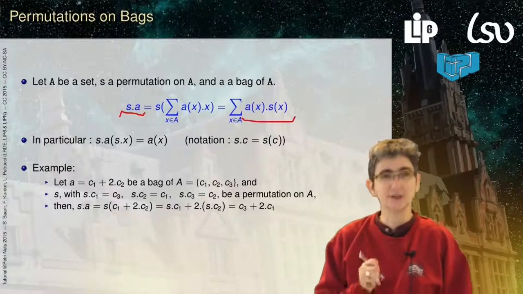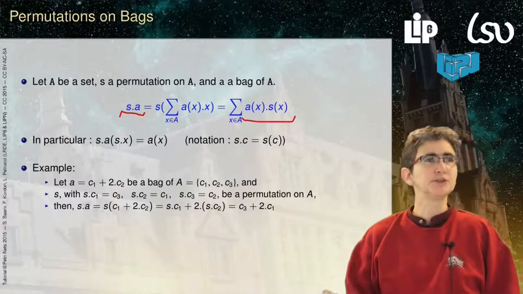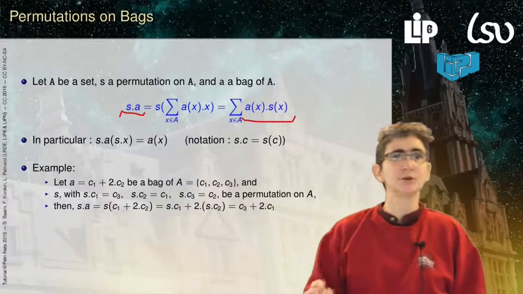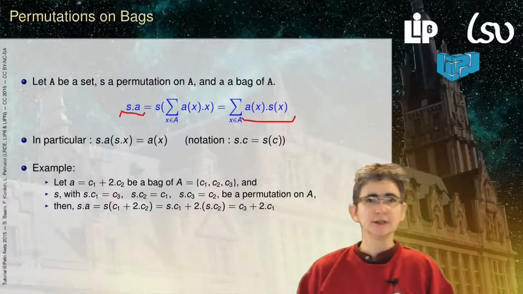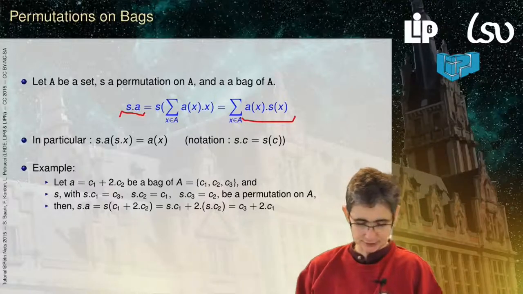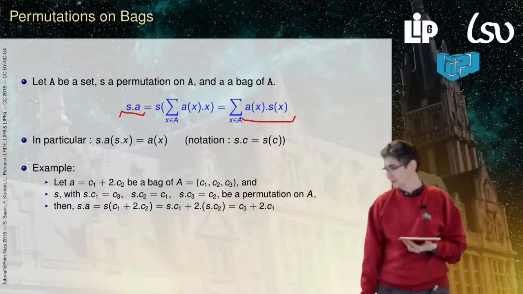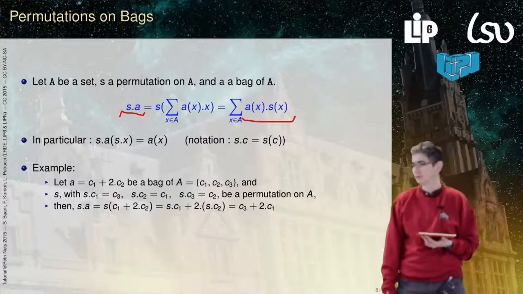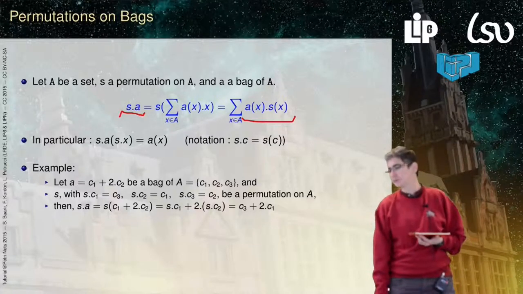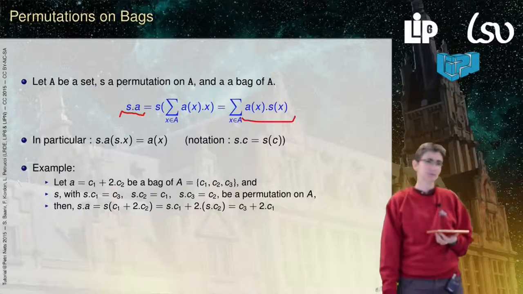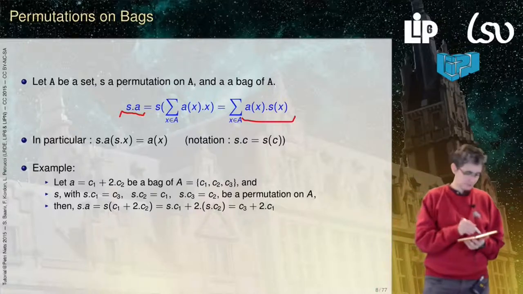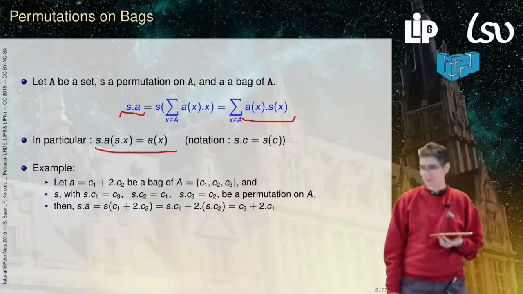Which is what you have here. So the permutation, you can apply it to a bag, or you can apply it to the individual elements one by one, and that is exactly the same result. We have some properties. So in particular, if we apply twice the permutation, we obtain the initial element. So this is that part.